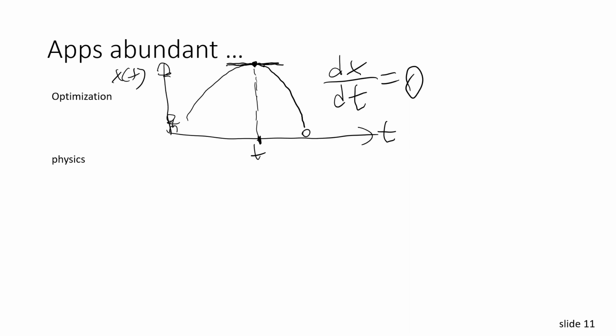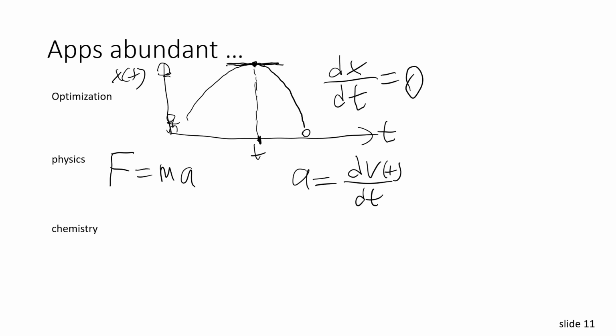Calculus is also very useful for physics. In physics, there's a basic formula that you need to know. Force equals mass times acceleration. And guess what? Acceleration is the derivative of velocity, d of v(t) dt.